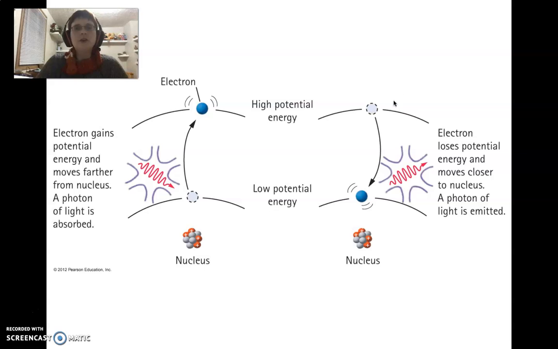Same for electrons. So eventually these high energy electrons are going to drop back down to their low energy, their lazy kind of states. And when they do that, the energy that they have left is going to be emitted back out, and it's going to be emitted back out as a photon. Will it be the same frequency as the photon that went in?